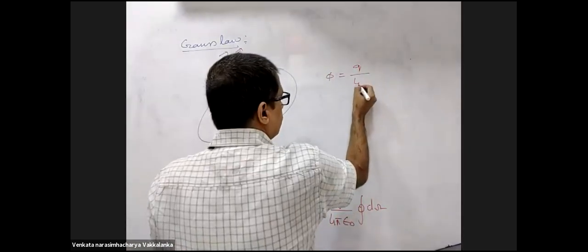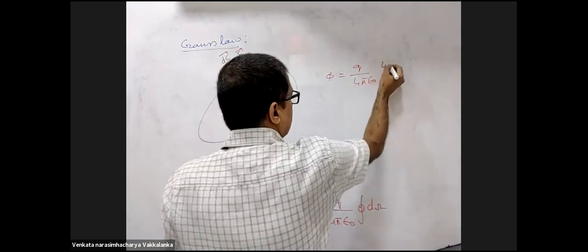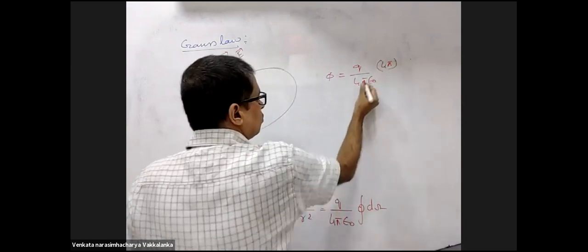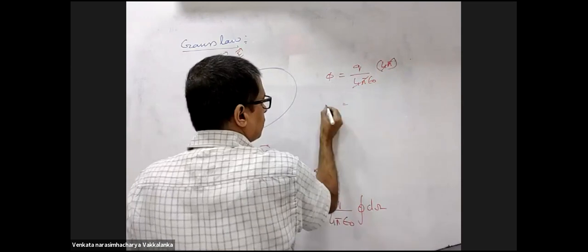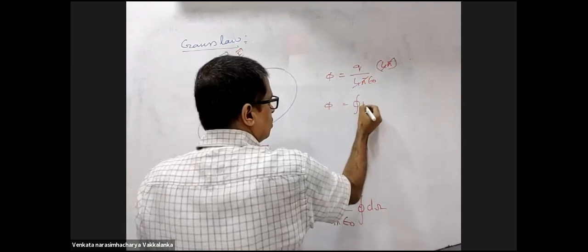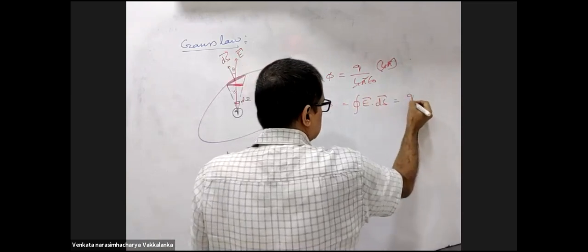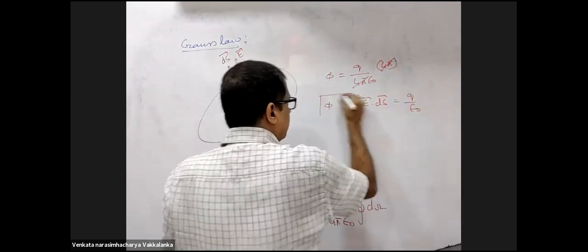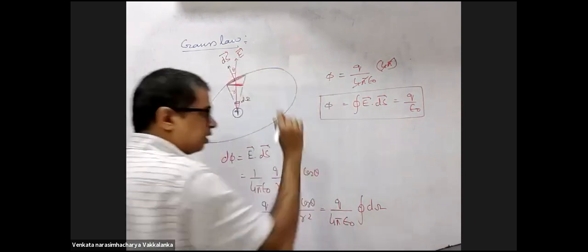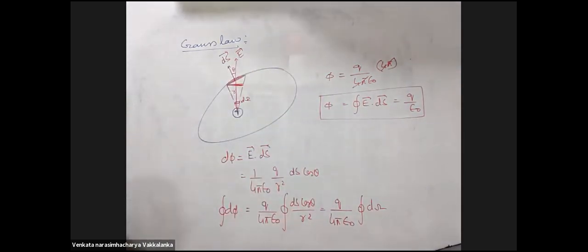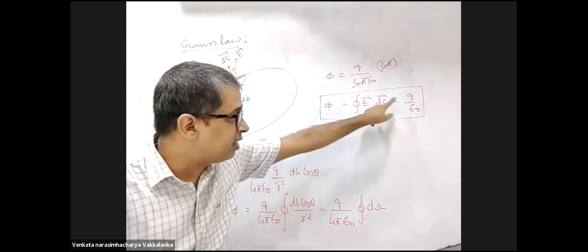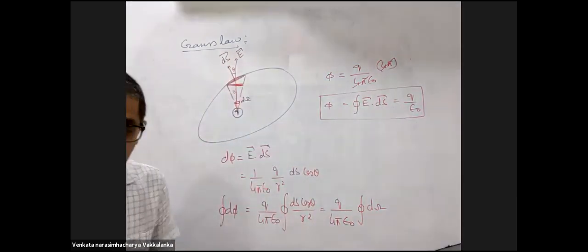This is q by 4 pi epsilon naught into 4 pi. Flux, closed integral E dot ds, is q by epsilon naught.